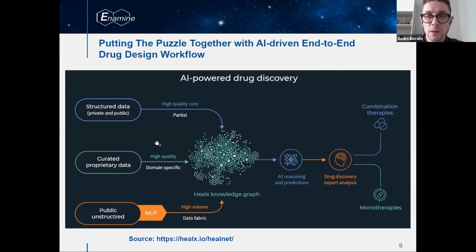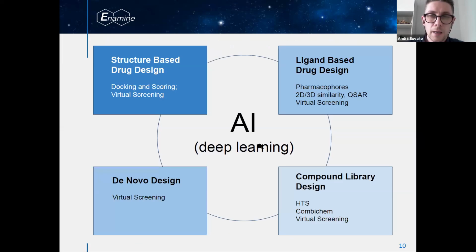So all this knowledge becomes the ontology on which virtual screening campaigns can then be developed. And this is a new wave in computational hit discovery.